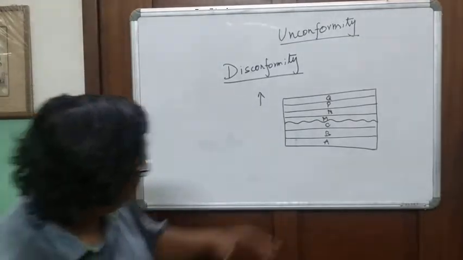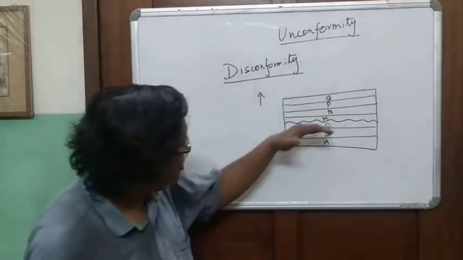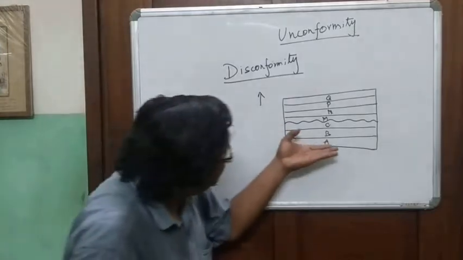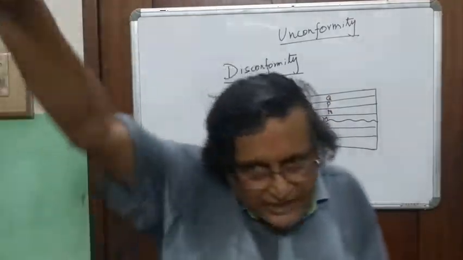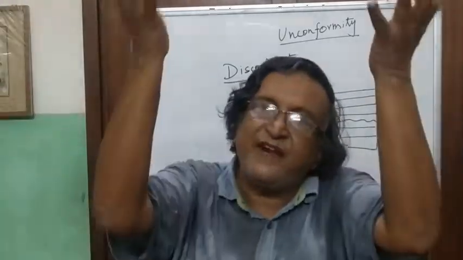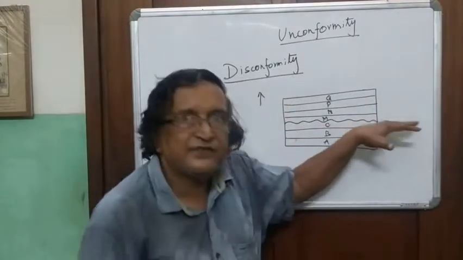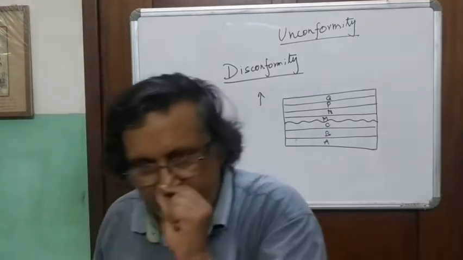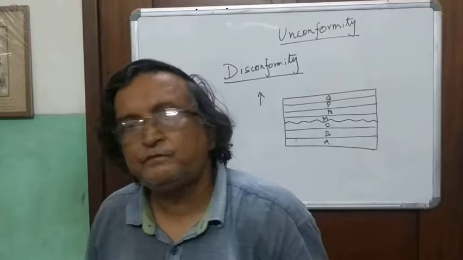But what happened? A, B, C were deposited in sequence, A being old, C being young. They were below the water level. And then it was raised up. There were some sections, I don't know what, because the record is lost. I can't tell you. But it was raised above the water. Why? Because I see the erosion surface. That is why I'm saying that it was above the water level.